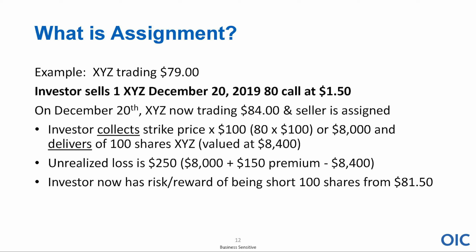But in this particular case, when we are assigned, we will be notified. The Options Clearing Corporation contacts your broker. They very quickly notify you that you were assigned on this particular stock, and we will deliver 100 shares of stock for you. Hopefully you own the underlying shares, and this is called the covered write. We are writing or selling the call option against the stock that we pretty much own.